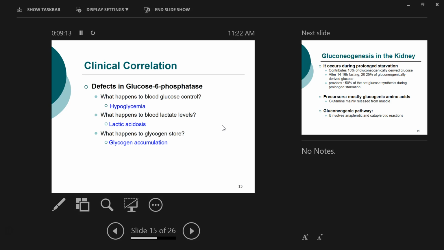So the glucose 6-phosphate accumulation, which is a substrate, can inhibit the glycogen breakdown enzyme, like glycogen phosphorylase. So glycogen cannot be efficiently broken down, and then it accumulates. So this case is different from the PEP-CK deficiency in terms of glycogen store, right?